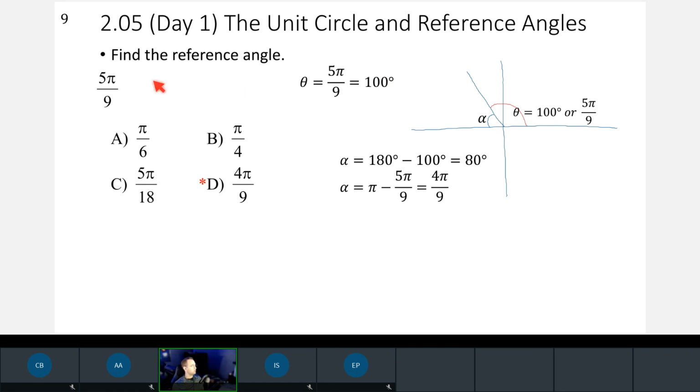Or if you're given the angle in radians, a half rotation is just pi, so it's going to be pi minus 5 pi over 9, and that gives you 4 pi over 9. So I showed you both ways to do it. Convert it to a degree, do it that way, then convert it back to radians, or just deal with it in radians. It's up to you.